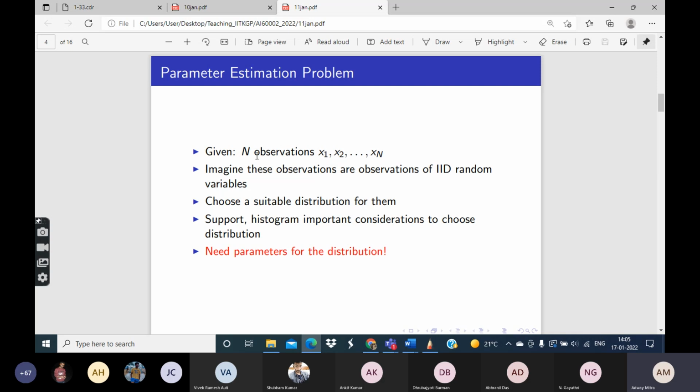So now let us consider a case where we are given n observations. We say that these observations are actually instances or realizations of IID random variables. So we just assume that this first observation x1 is a realization of a random variable which we may call, let us say, capital X1.